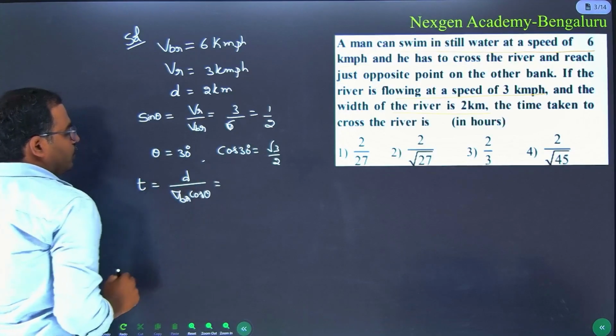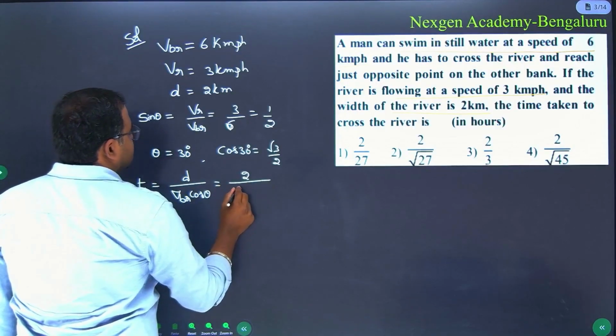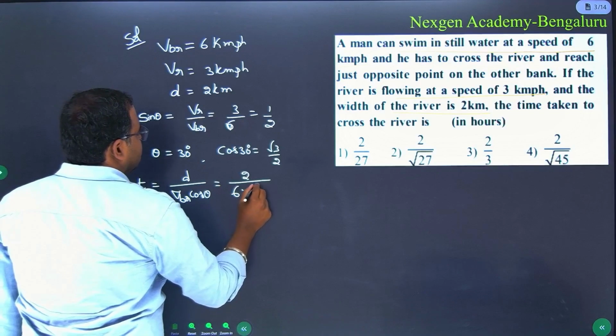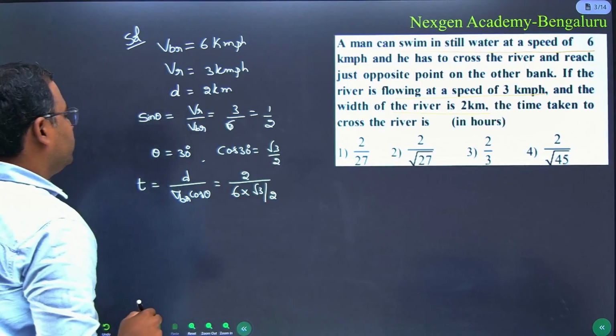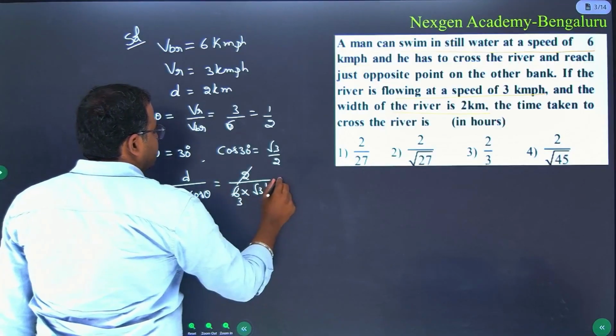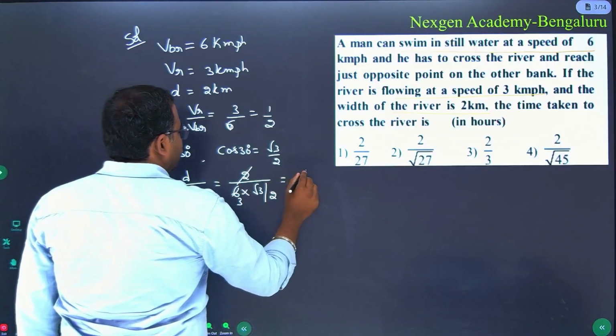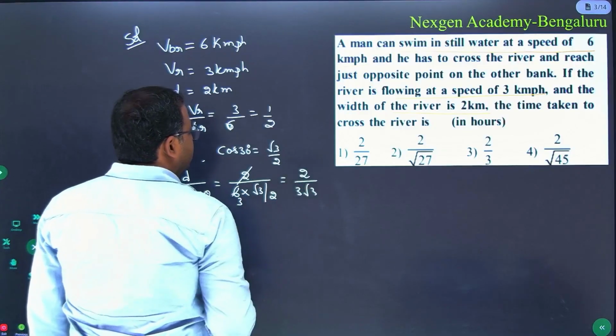This is equal to d is equal to 2 kilometers, VBR is equal to 6 kilometers per hour, cos 30 is equal to root 3 by 2. This can be written as 2 by 3 root 3.